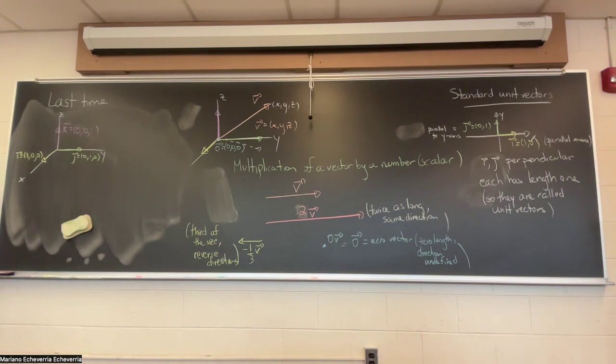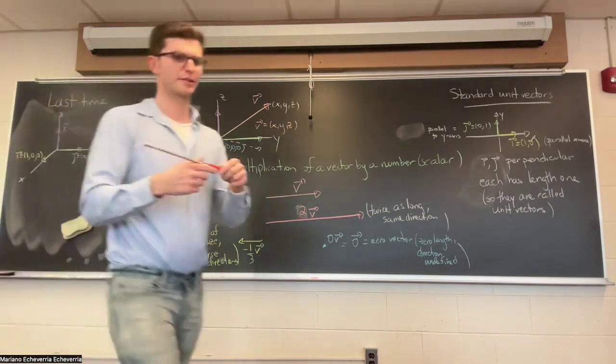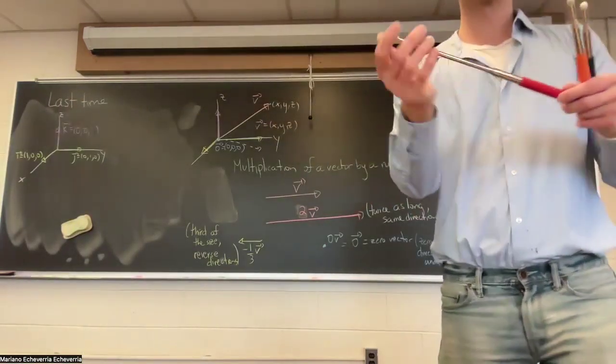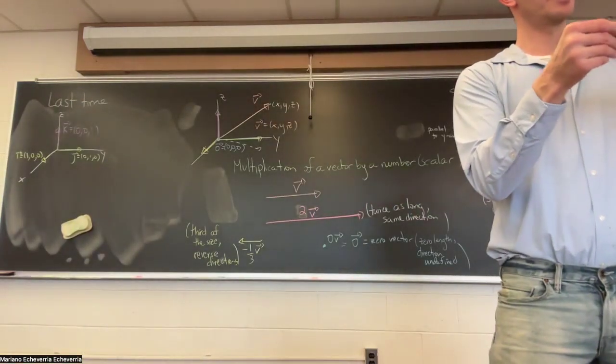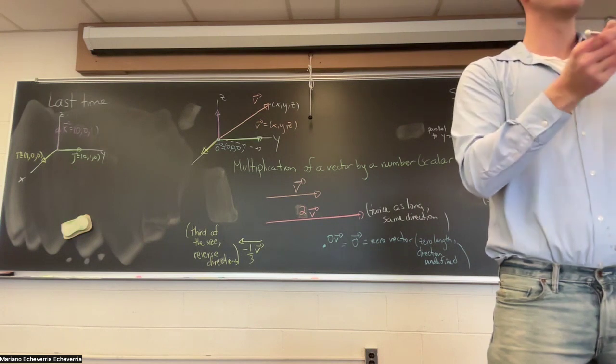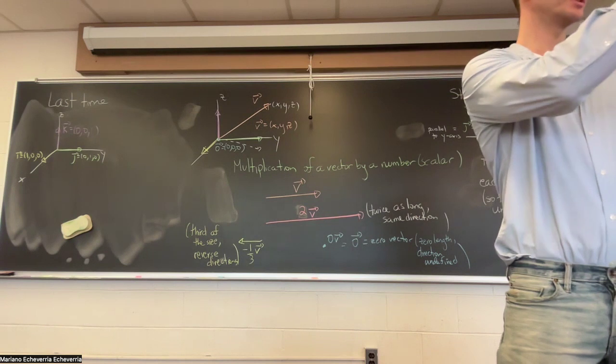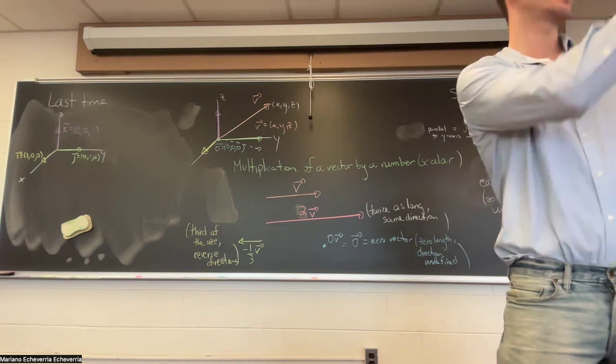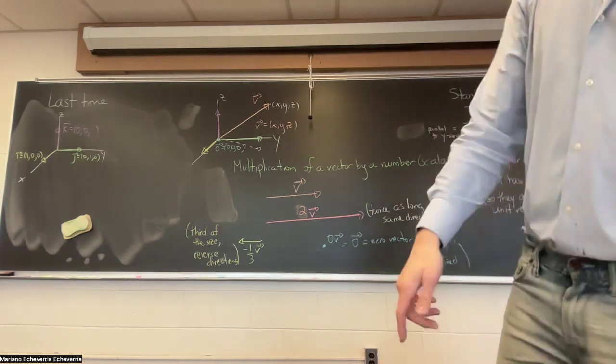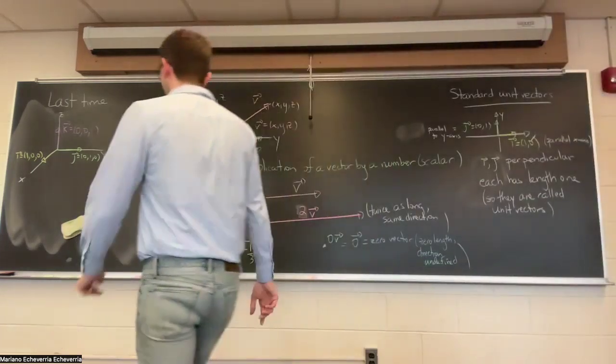But what is the idea with these vectors? If you look at any two of these vectors in pairs, they're mutually perpendicular. There's a 90-degree angle between these two, a 90-degree angle between these two, and a 90-degree angle between these two. So they're mutually perpendicular vectors.